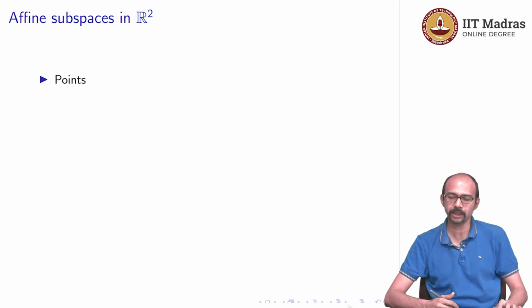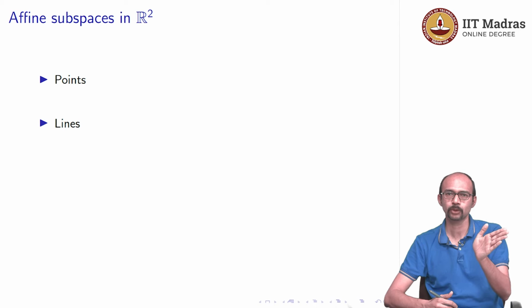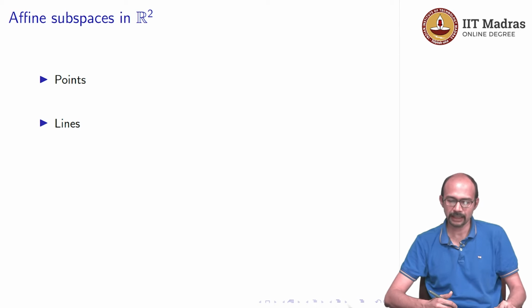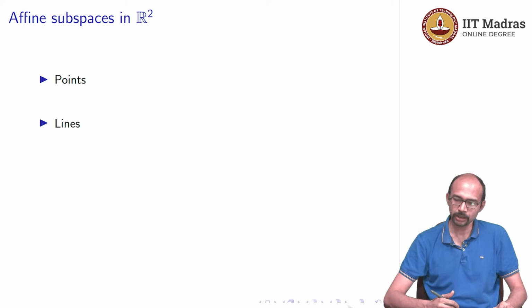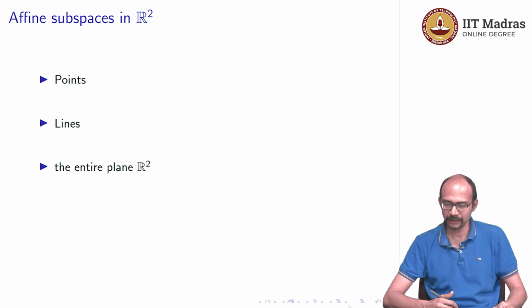So, every point in R2 is an affine subspace of R2. Similarly, we just saw the first video about R2, where you had a line passing through the origin. So, that is a subspace, and then you translated it, and that gives you a line maybe not passing through the origin. So, that is an affine subspace, and then the entire plane R2, right.